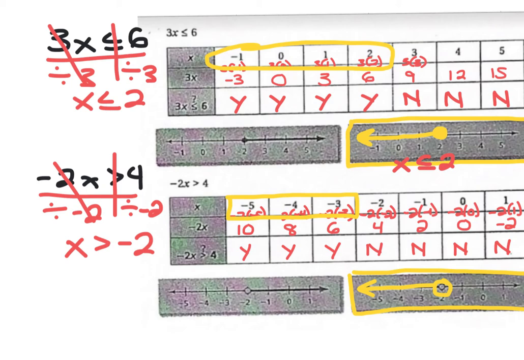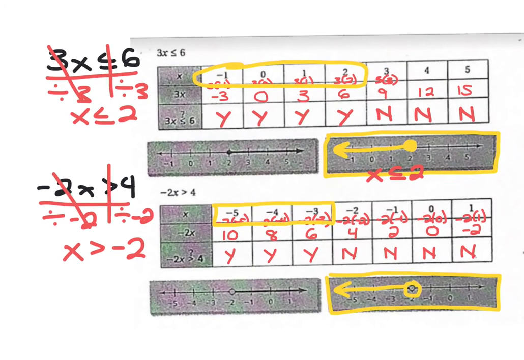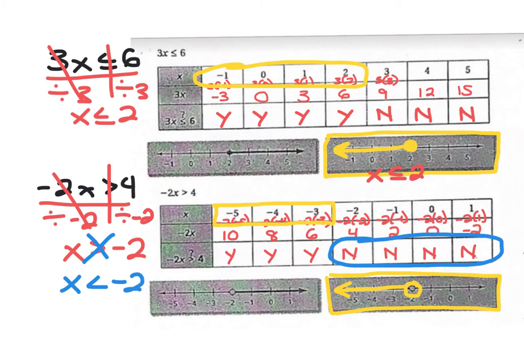Did we just find out that that was the true statement? What happened when x was greater than -2? At no point in time did any of that work. So therefore, that can't be true because x was actually less than -2. So let's hold that thought. Moving on to our next tables.